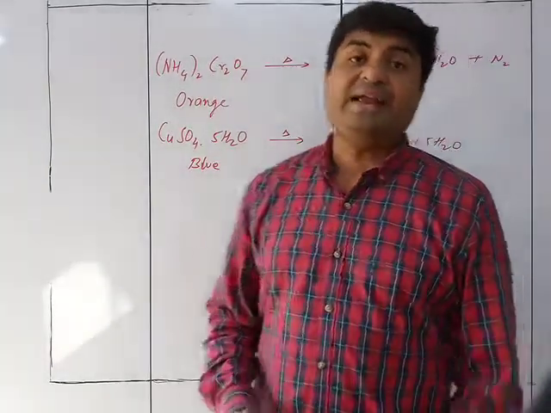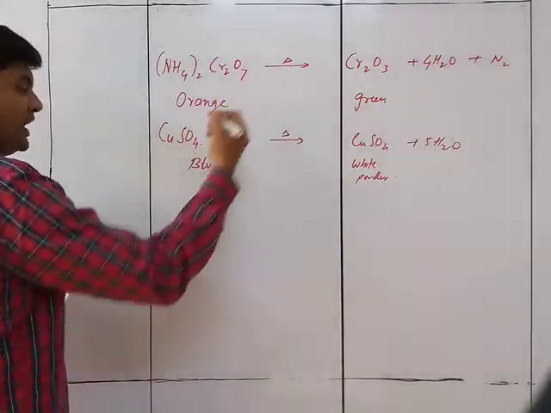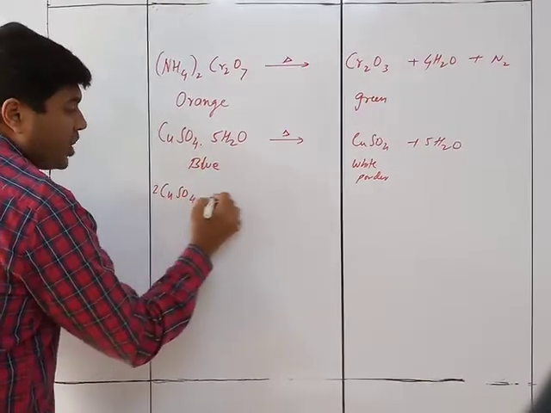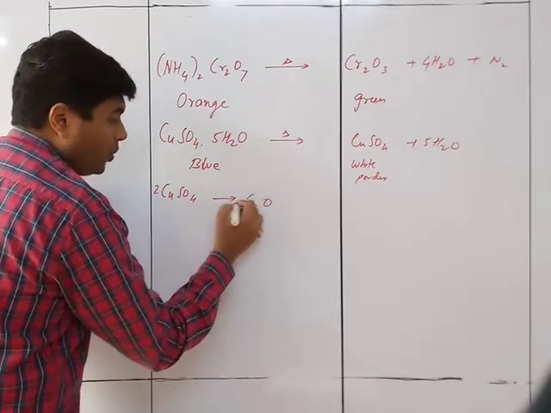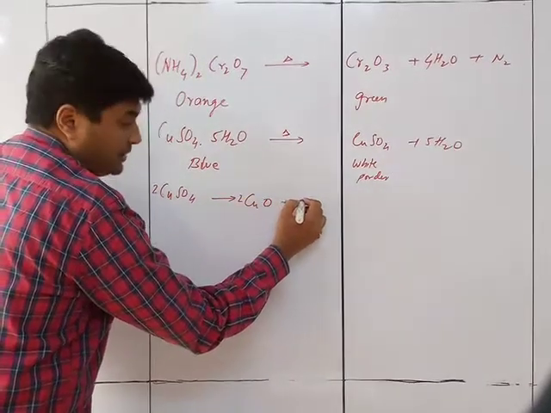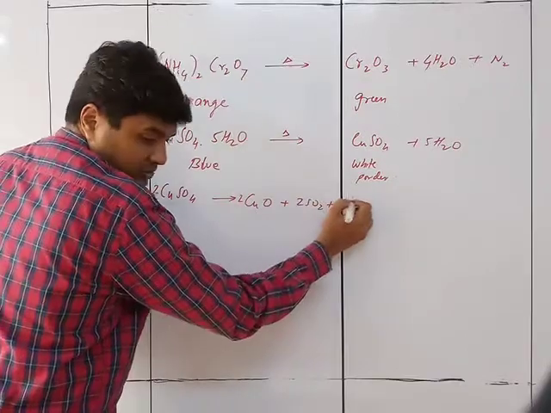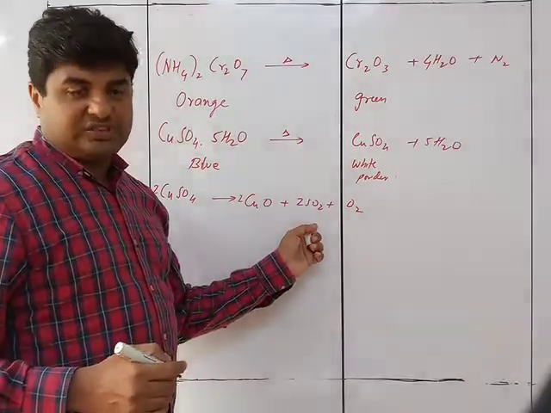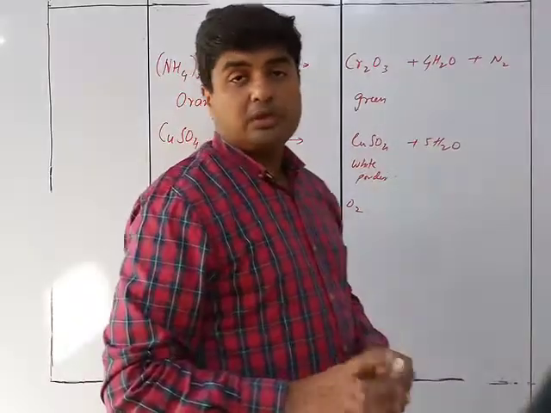But if I heat it very strongly, CuSO4 on strong heating is going to give me CuO plus 2SO2 plus O2. So sulfates are going to give me sulfur dioxide as the thermal decomposition.